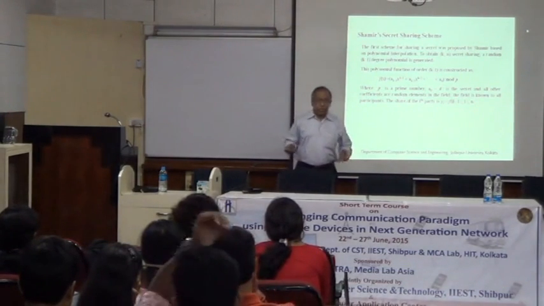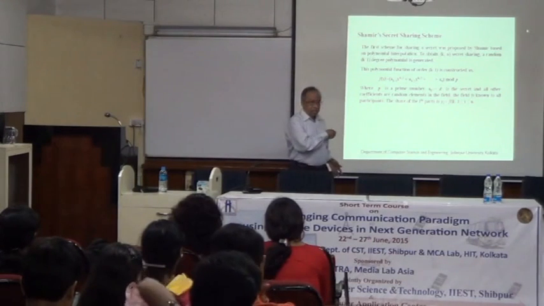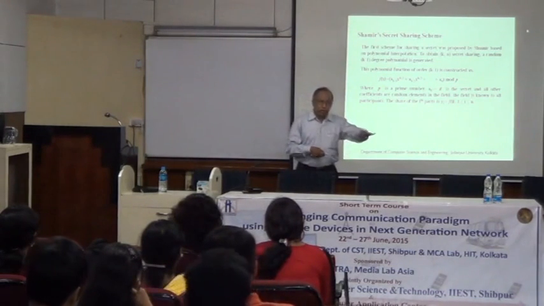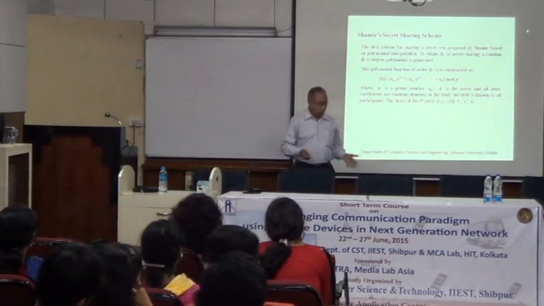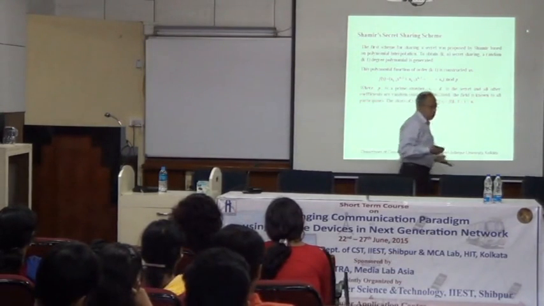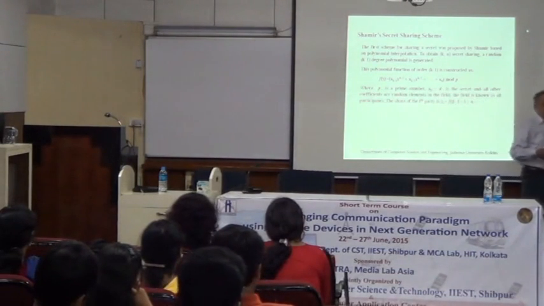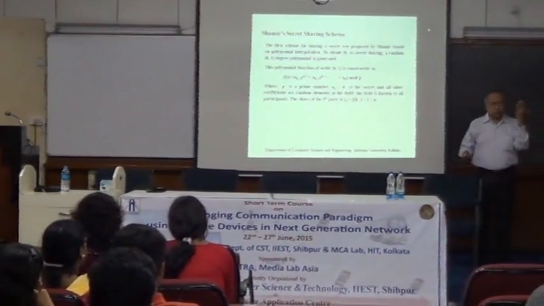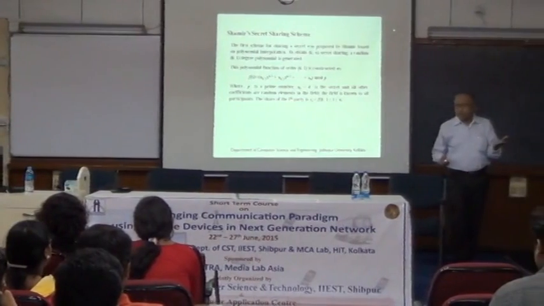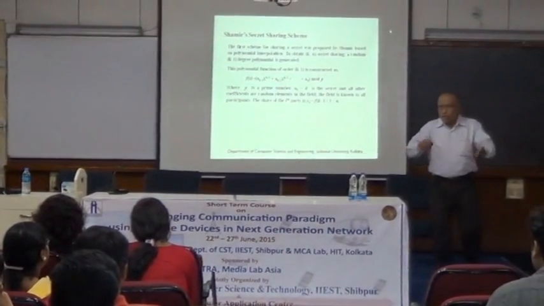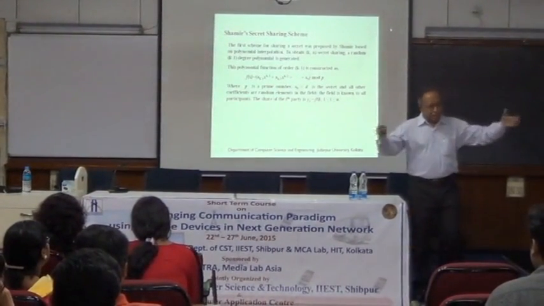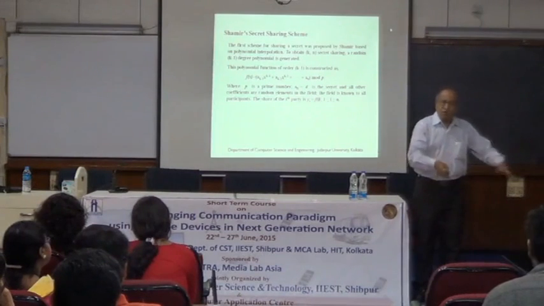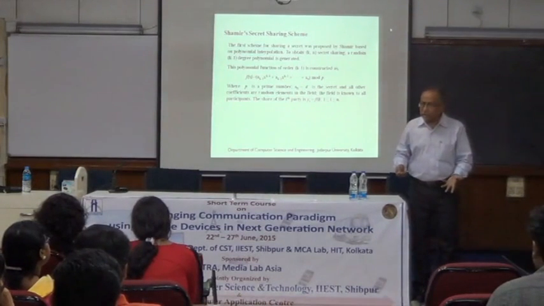If n is greater than k, you make n such polynomials, n such equations, each of degree k minus 1. To solve a degree k minus 1 polynomial by Lagrange interpolation, you need k equations. So if k shares are correct, you get k equations of degree k minus 1 polynomials. You can solve it and find out the secret, okay?